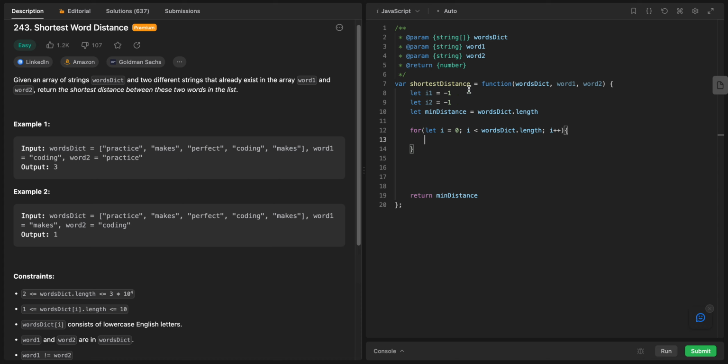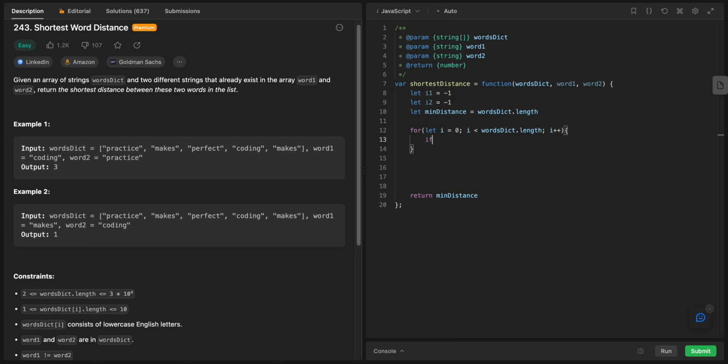So we have the I1, I2, we have min distance that we return, and what we are going to do right now is that we will have this for loop, and we will loop against each item of words dict, and after that compare if it's equal to word 1 or if it's equal to word 2, and depending on that we will update I1 and I2.